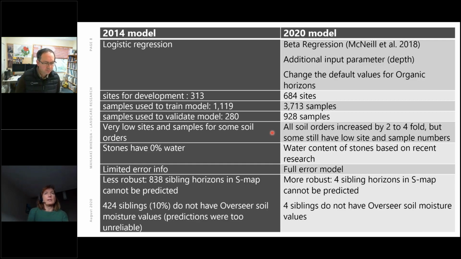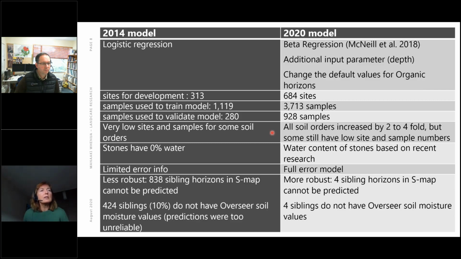But the really big difference comes in the extrapolation. So within the training data, we can get the goodness of fit statistics between the 2014 and the 2020, and actually they're much the same. But the difference is in the extrapolation.